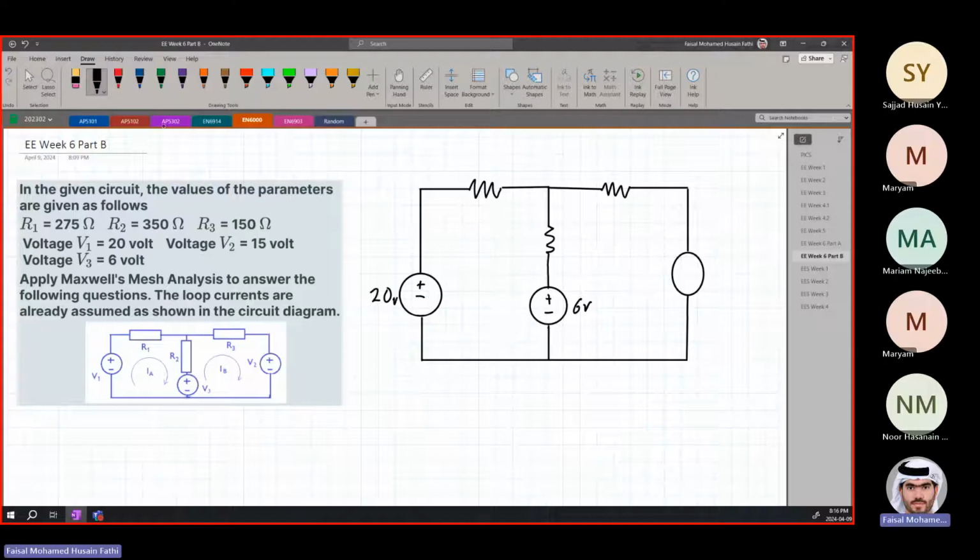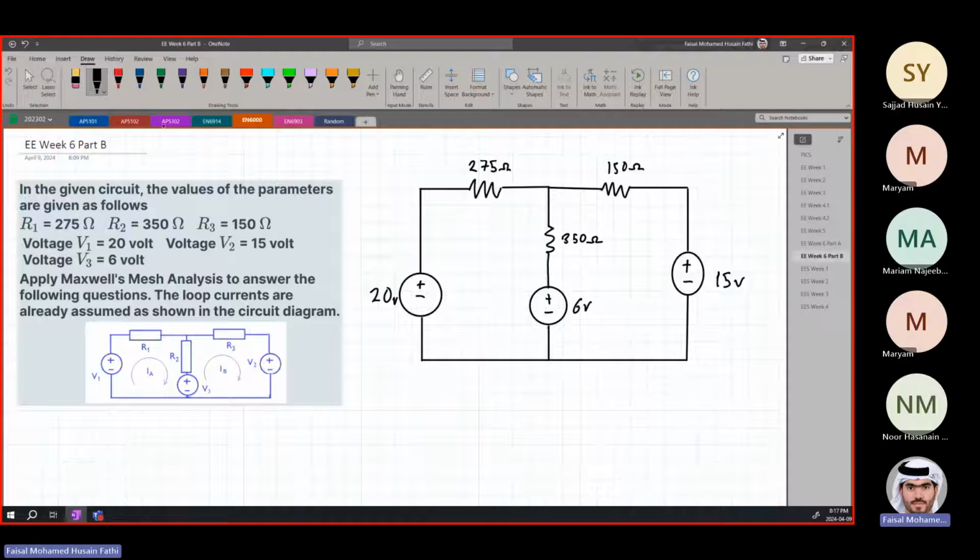This is 20 volts, 6 volts, and then we have V2, which is 15 volts. And then a resistor R1 is 275 ohms, and then a resistor R2, which is 350 ohms, and the resistor R3, which is 150 ohms.